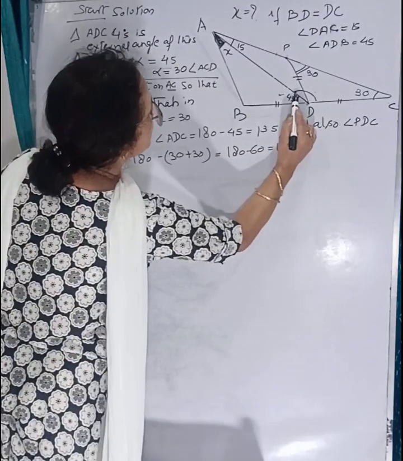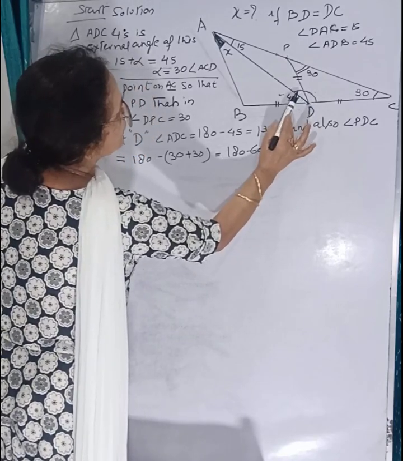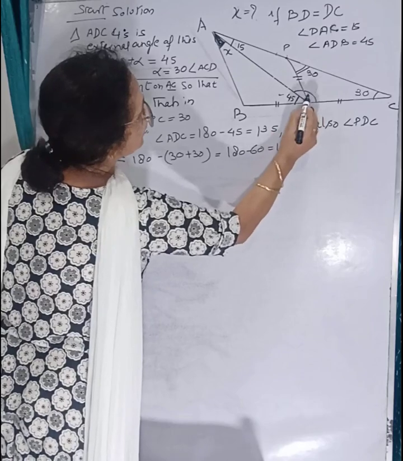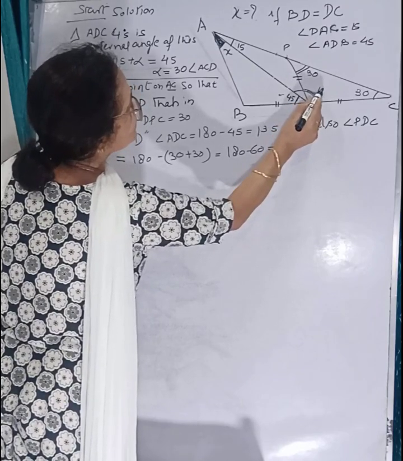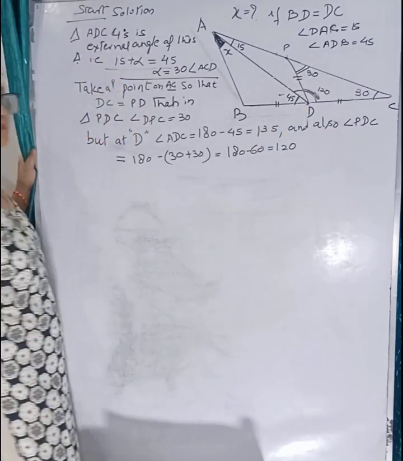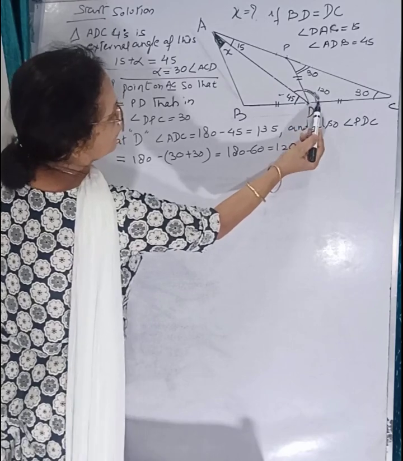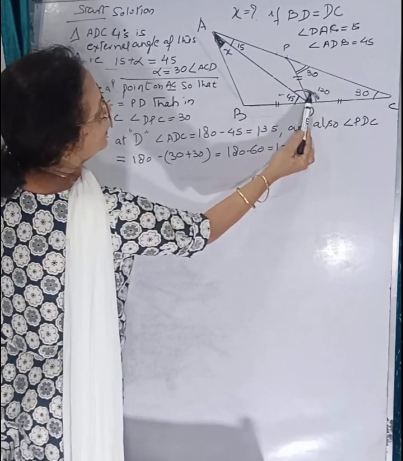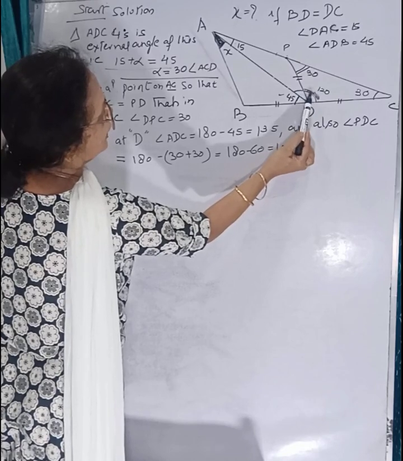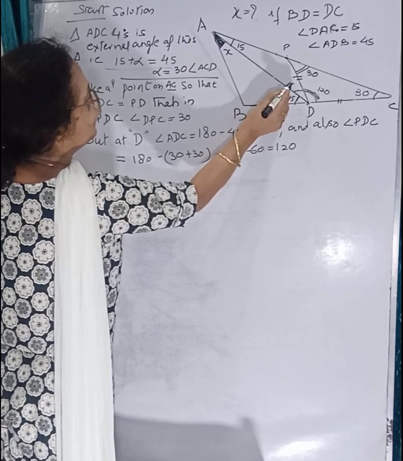This whole angle is 135, but this angle, only this portion, is 120. Okay. This whole angle was 135, out of which this portion is only 120. It means this will be equal to 15 degree.